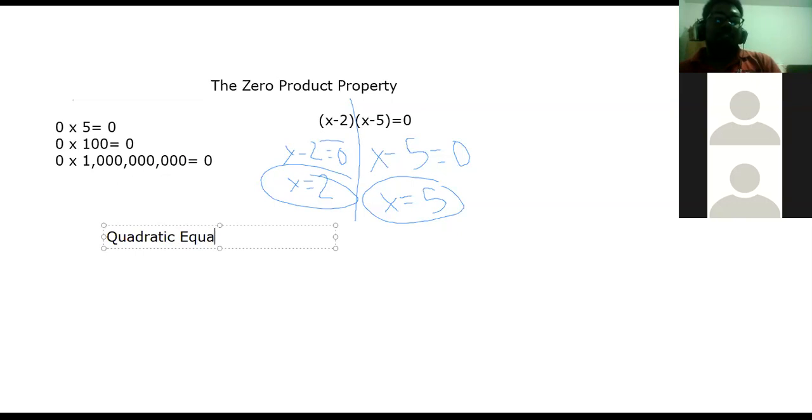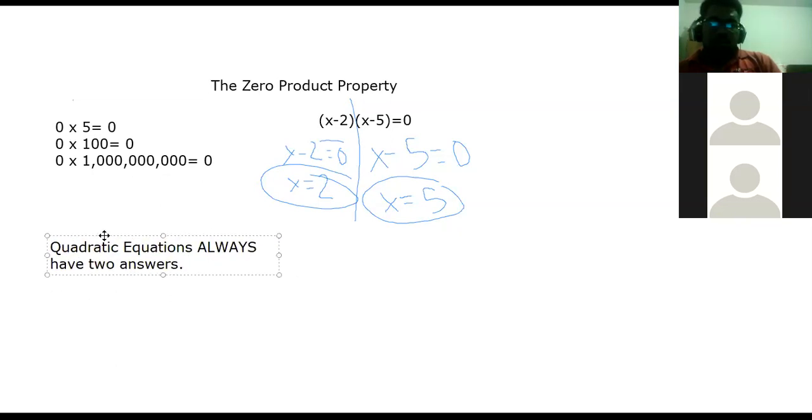You can get the same answer twice, but you always need to have two answers. So if you do your problem and you get one answer, again, it can be the same number twice. That's okay, just as long as at the end you always end up with two. All right. And with that being said, let's go ahead and get into it.